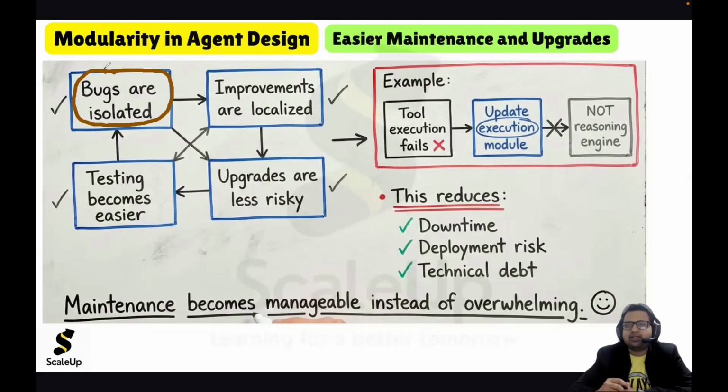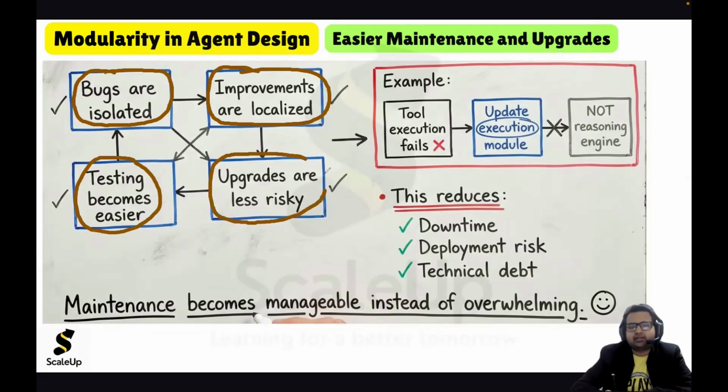If the bug is in the planning phase, we know that we have to debug the planning module. So with modular designs, when the systems are modular, bugs are isolated, improvements are localized, testing becomes easier, and upgrades are less risky.